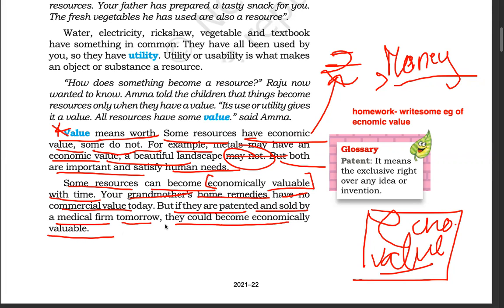Exactly, like our grandparents or our parents, are avoiding medicines and they are giving you home remedies. So basically, the home remedies do not have an economic value.